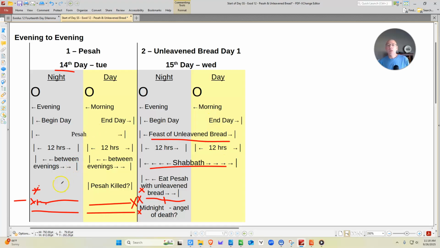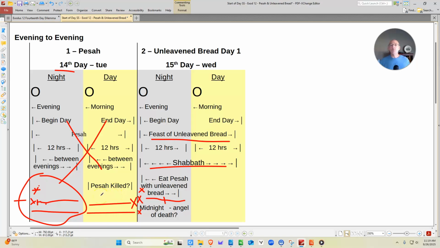So if you think about it, we have nothing happening on day 14 unless we are going to kill the lamb before the evening on day 14. We have nothing happening here in an evening to evening illustration if you did not kill the lamb first thing and eat it the night before the daylight period of day 14.